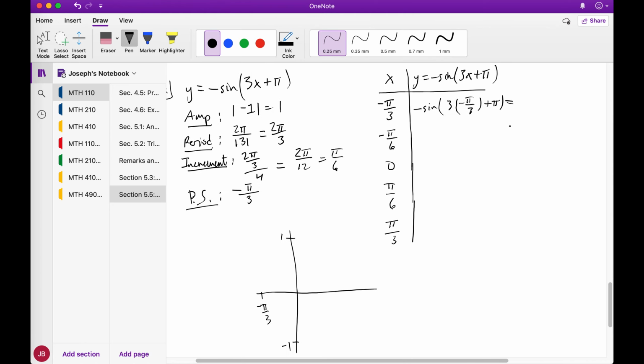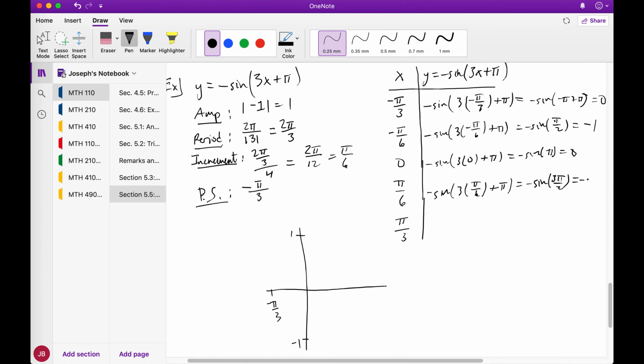But what we see here is we get, plugging in minus pi over 3 for x, I get minus sine 3 times minus pi over 3 plus pi. This is negative sine of minus pi plus pi. So you'll see I get 0 in here. Well, sine of 0 is 0. The negative doesn't change that. Okay.